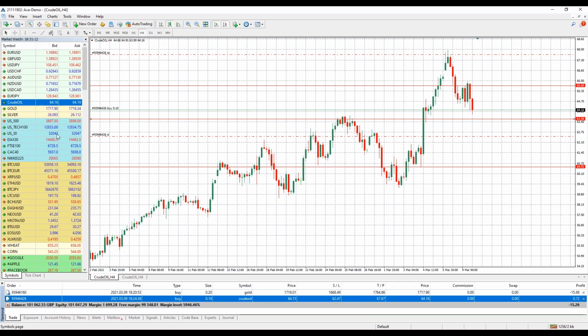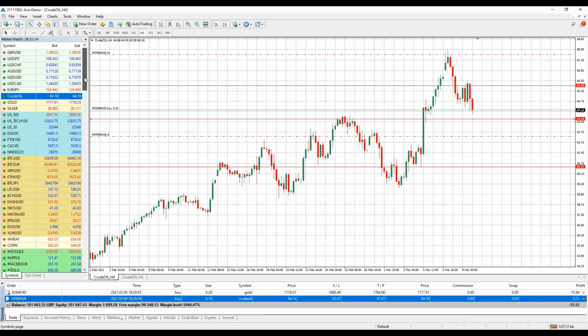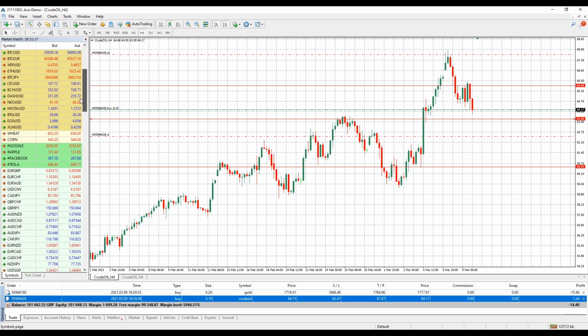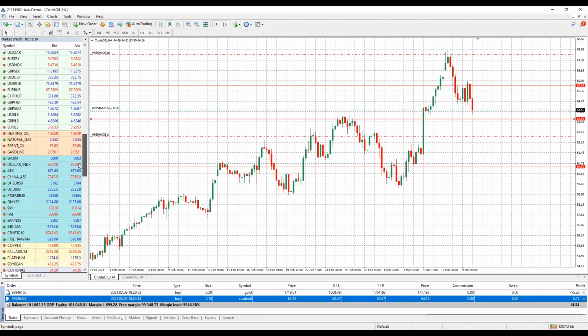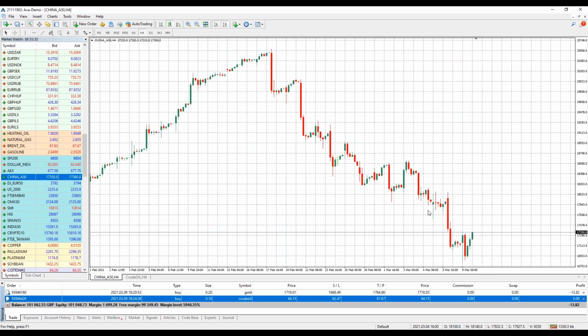Okay, let's take a look at maybe one of the indices. We expect some movement. And by the way, just because it's stimulus coming out of the US, it doesn't mean that it won't affect other countries' instruments.